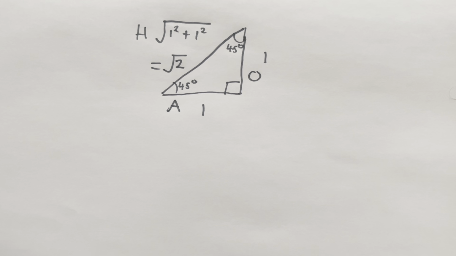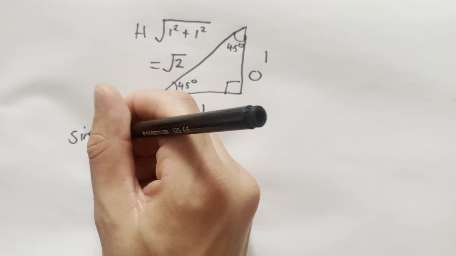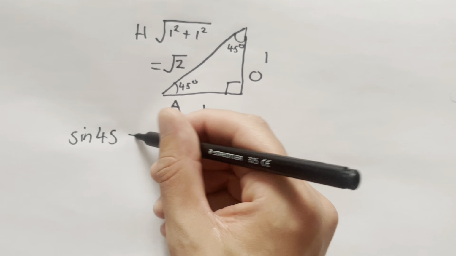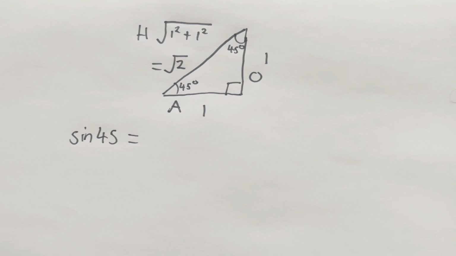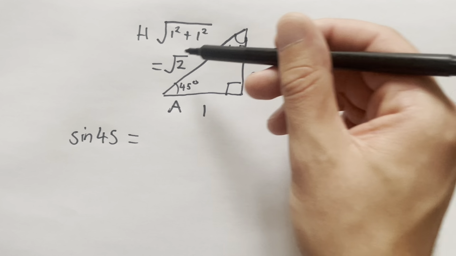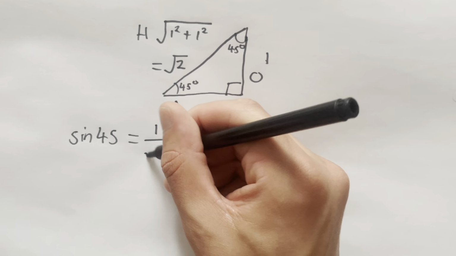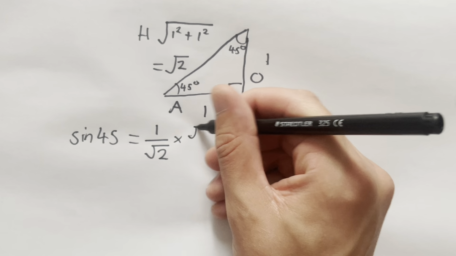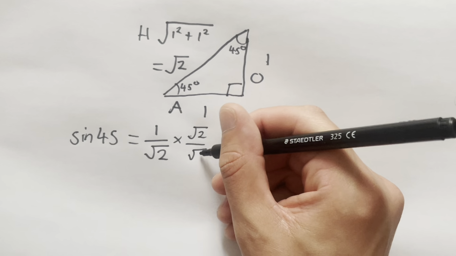So if we want to find sine of 45 degrees, again, we're using our opposite over hypotenuse like we saw before. Here, that's 1 over root 2. Now, we don't like to have an irrational number in our denominator, so we tend to try and rationalize this denominator, and we can do this by multiplying that by root 2 over root 2.